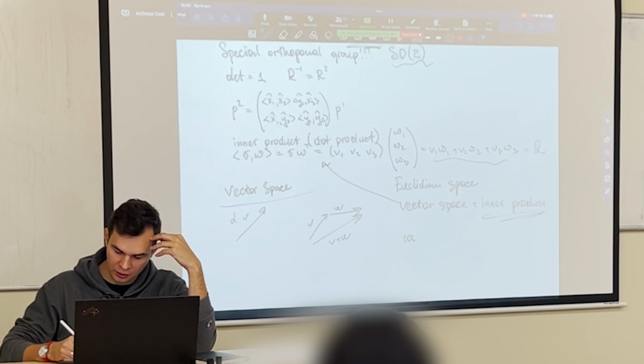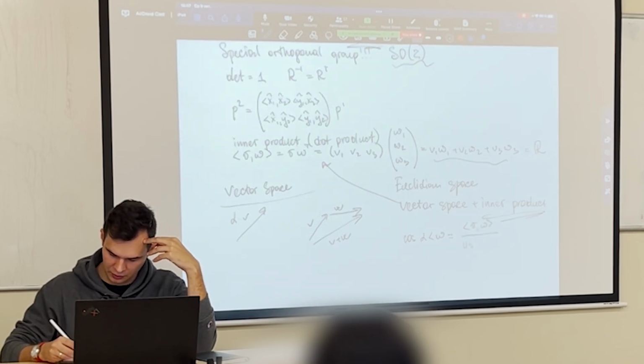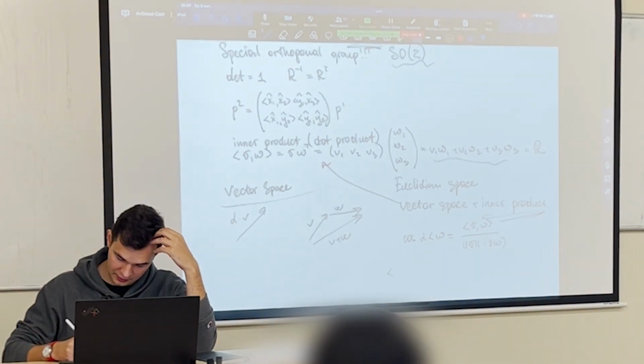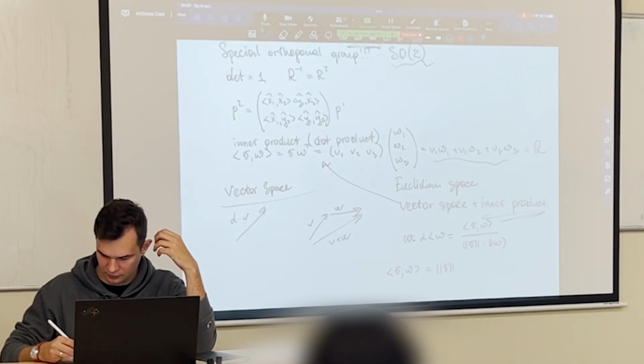And the cosine between vectors will be just this inner product divided by the norms. So basically from here we can say that the inner product of two vectors will be norm of 1, norm of 2 times cosine.